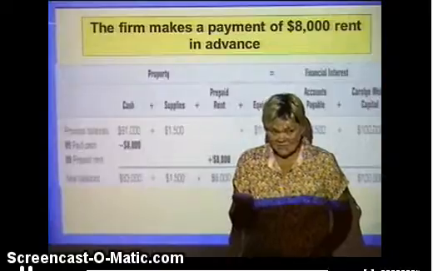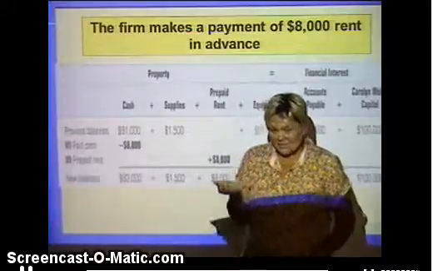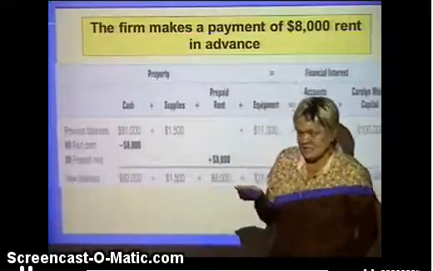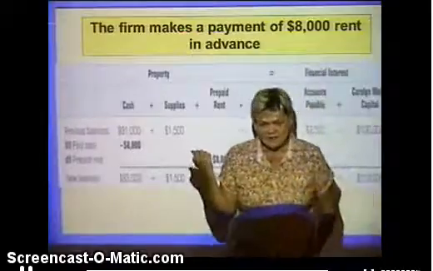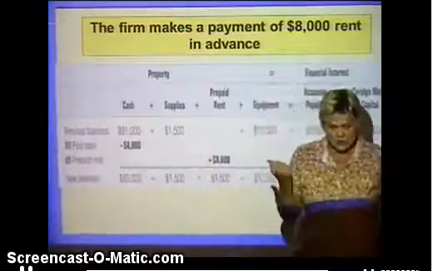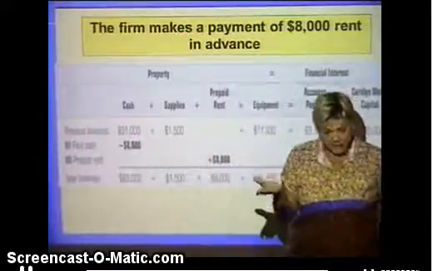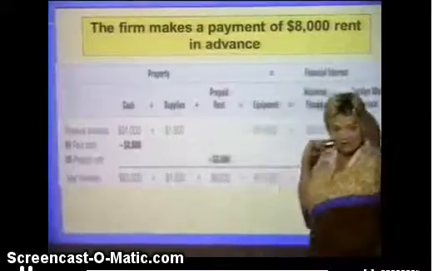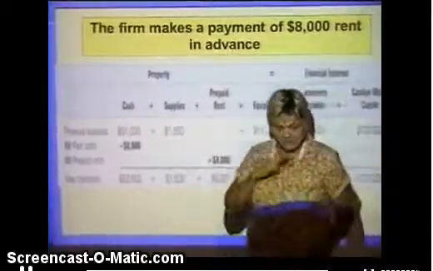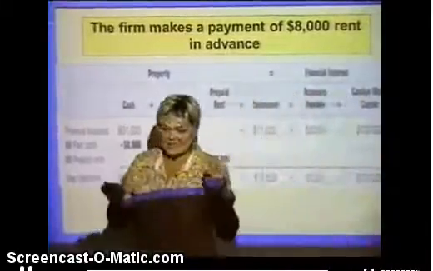Everybody get that? Then just like with supplies, as we use up the rent, it's going to be treated the same way. We make an adjustment for that month and take it out on the other side, out of our revenue. Get the relationship?